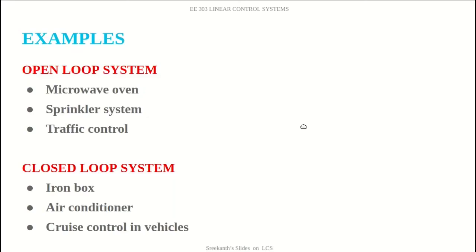Now this is an example where the output value can be more than the desired value. If it is going downhill, it can invariably increase its speed beyond 60 kilometers per hour. Now what happens if it goes beyond 60 kilometers per hour?